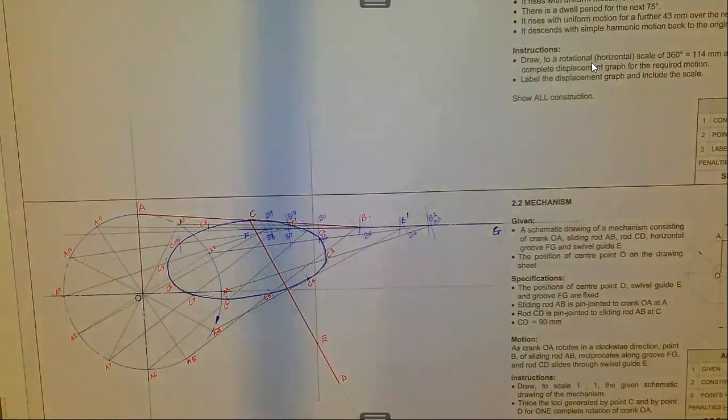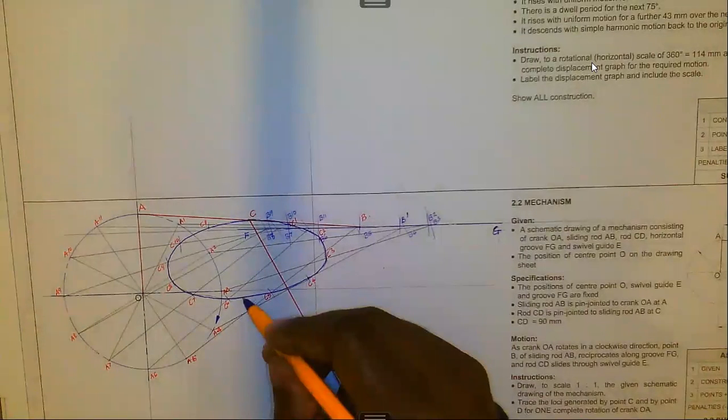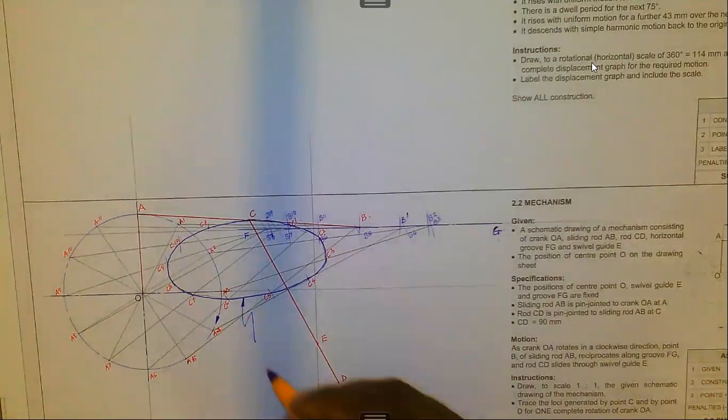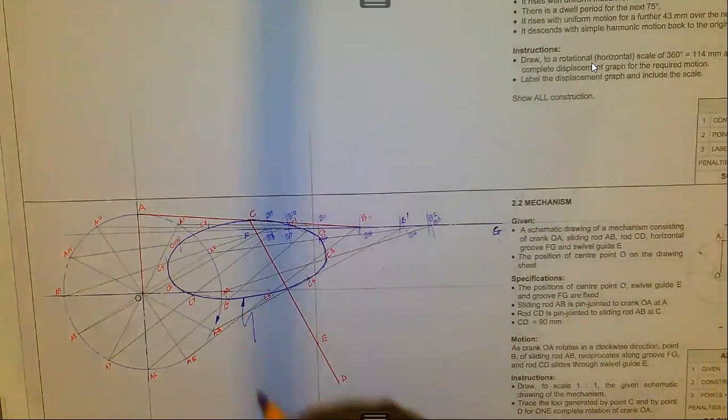Then you can label nicely. Right. That is, you can create a guideline.